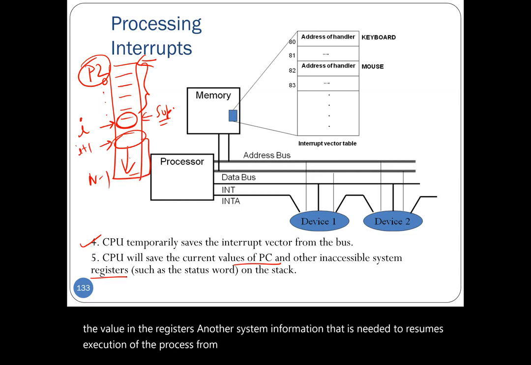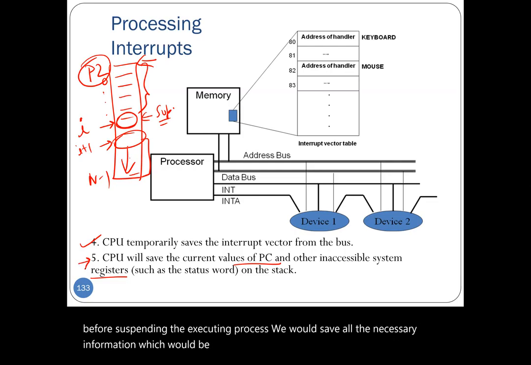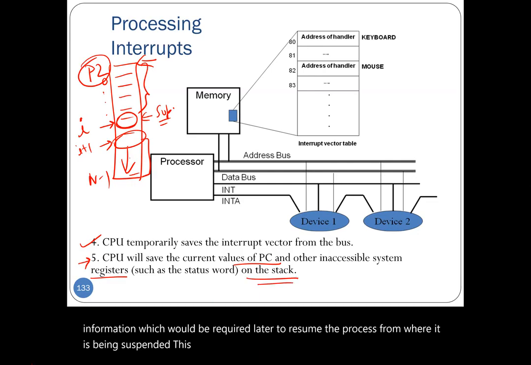So that's the fifth step. Before suspending the executing process, we would save all the necessary information which would be required later to resume the process from where it is being suspended. This would be saved somewhere in the memory, maybe on the stack. So that's the fifth step.